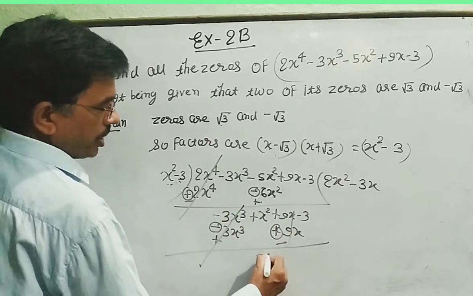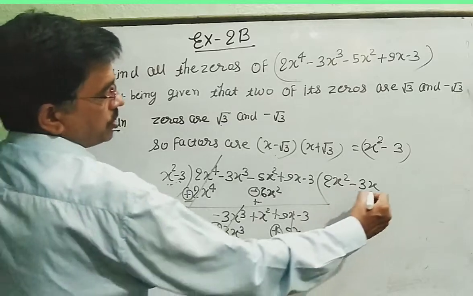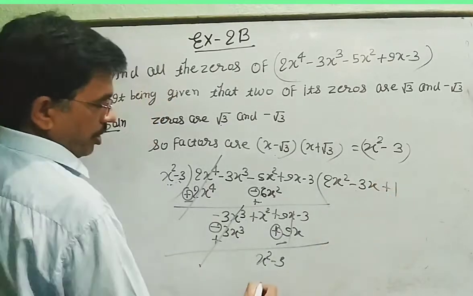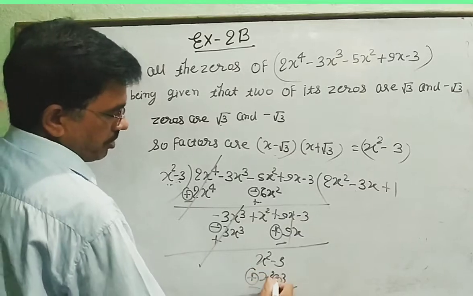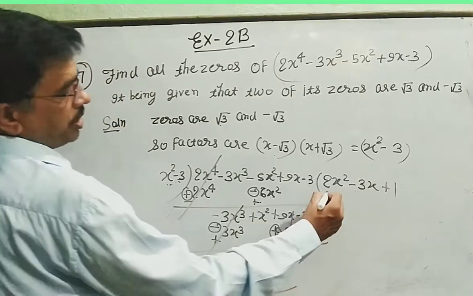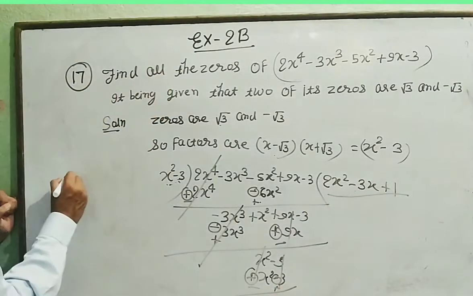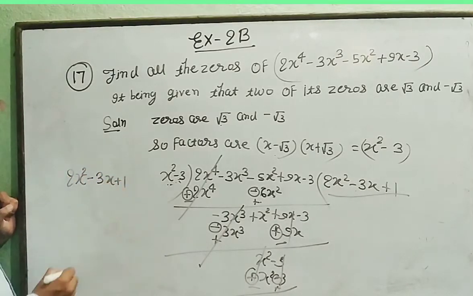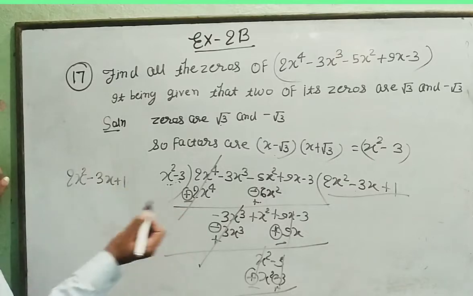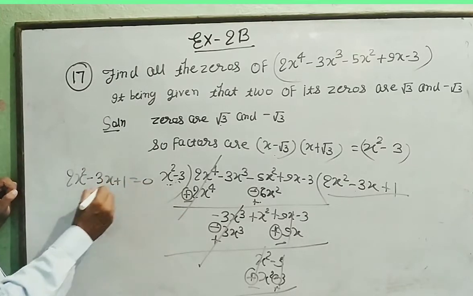Now here is x square minus 3. So by 1 you write x square minus 3. Then plus minus, it is minus plus, cancelled. Then your quotient is 2x square minus 3x plus 1. By factorizing this quotient, you can find the remaining zeros.